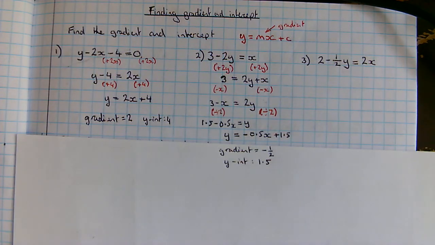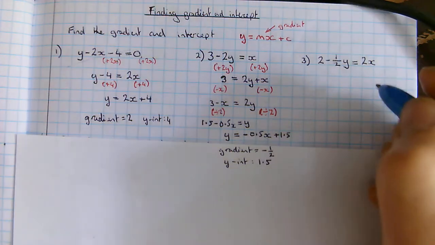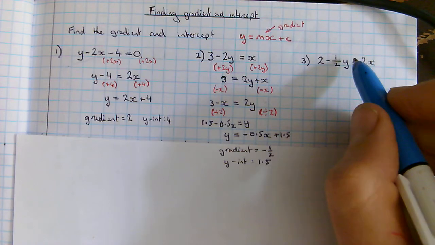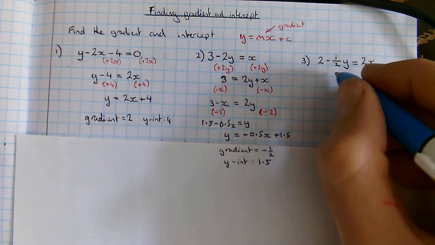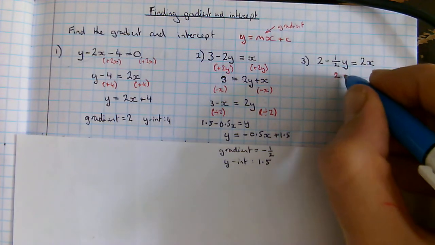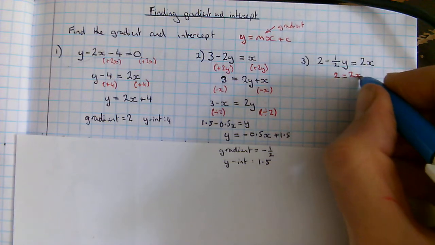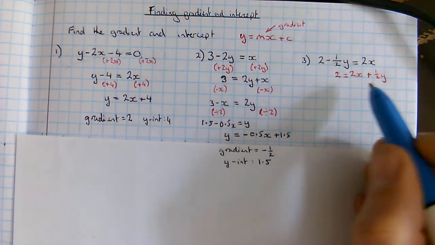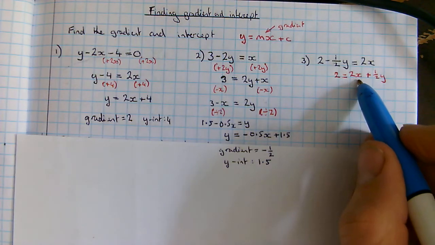Okay, let's try and do the last one. This is getting into the higher level questions. First thing I want to do, get rid of that minus a half y, so I'm going to add it. Tells me 2 equals 2x plus half y. I'm going to get rid of this 2x, I'm going to take it away.